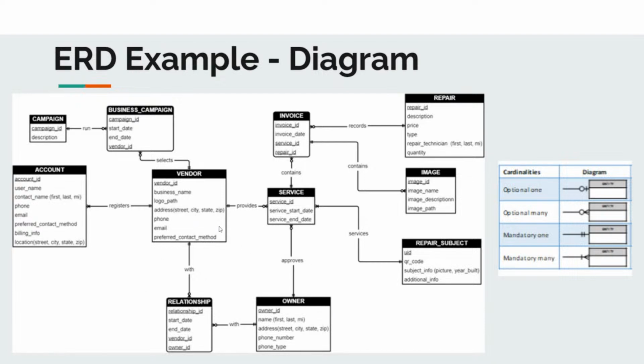And here's one of them from earlier, where there's a ternary relationship. You have a vendor, and then you have an intermediary table with a relationship that connects to an owner.